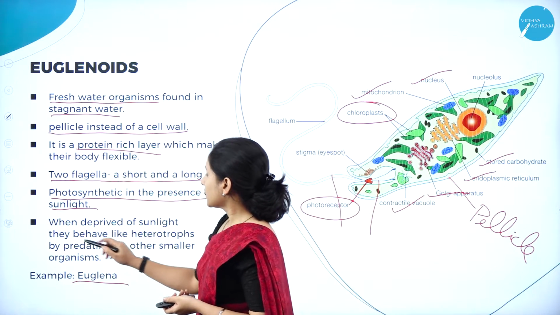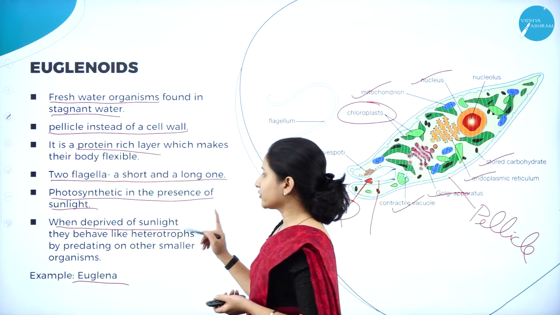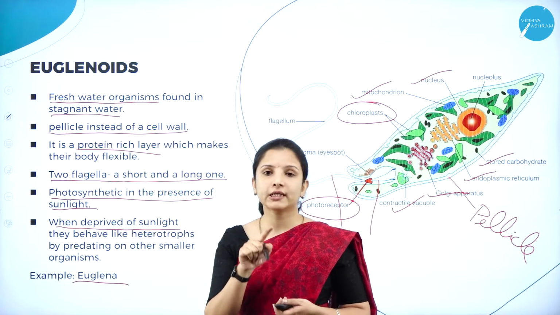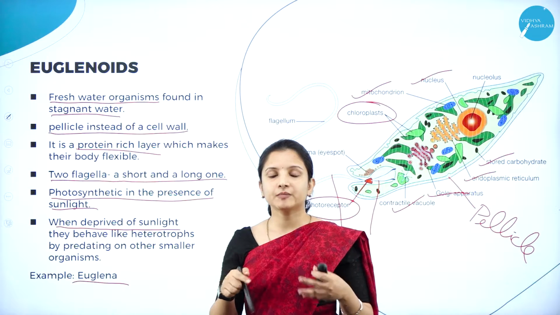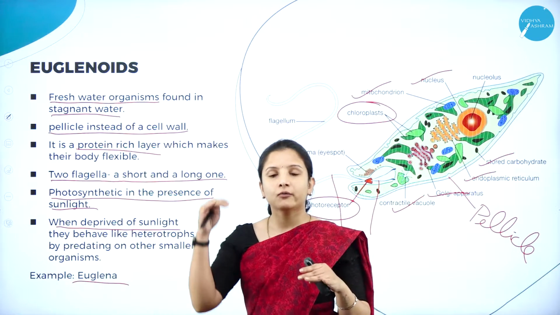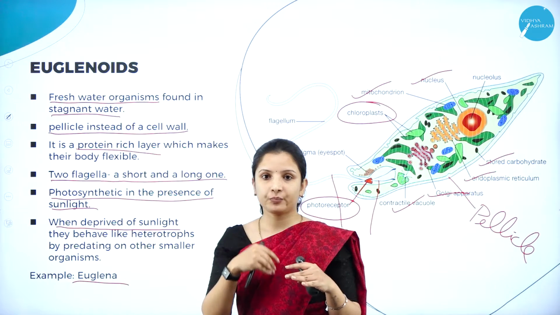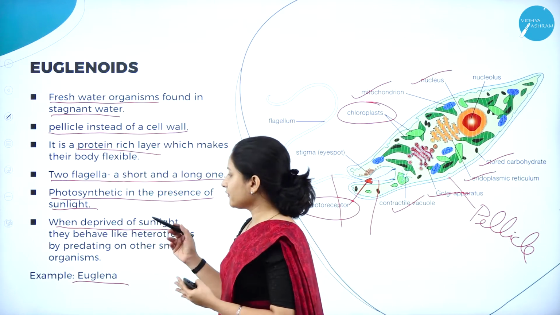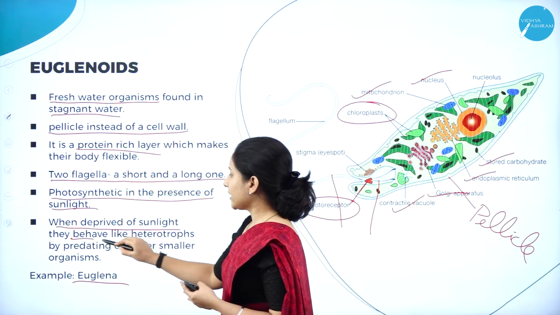Whenever they are deprived of sunlight, so I told you they are autotrophic only in the presence of sunlight. Sometimes, deep in the stagnant waters, because of algal bloom, sunlight may not be able to penetrate. Whenever they do not get sunlight, they act like heterotrophs.